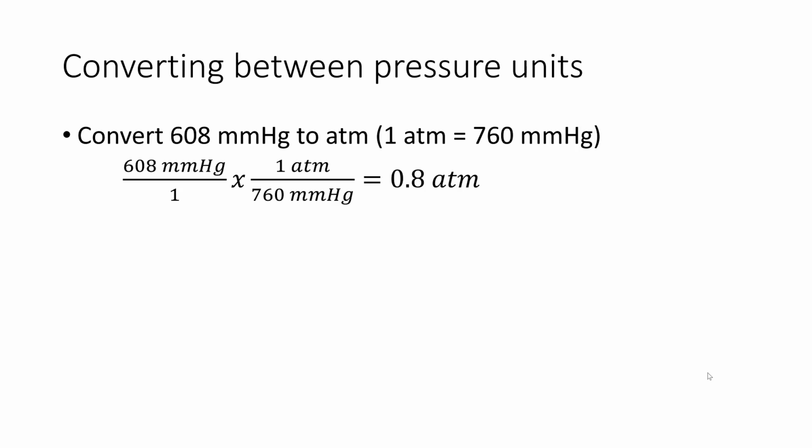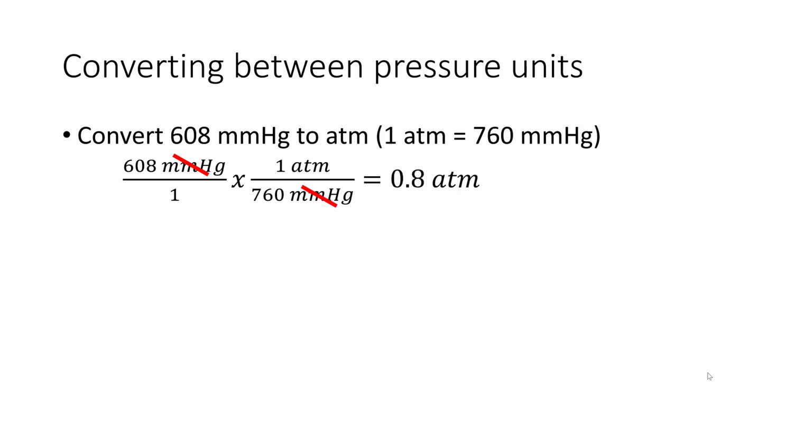So if you notice, right, 608 mmHg, one of those units is on the top and the other one is on the bottom. So those units are going to cancel out, leaving us with just atmospheres as the unit that we want to be in. Again, if you are struggling to remember where we get the 760 mmHg or the 1 atmosphere, that's from the conversion factor listed in the parentheses above the problem.